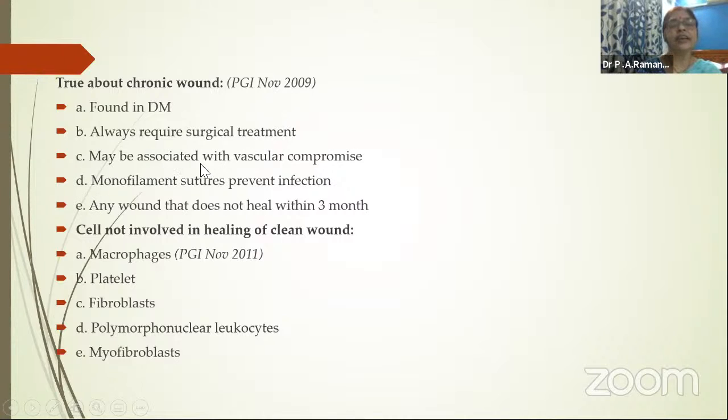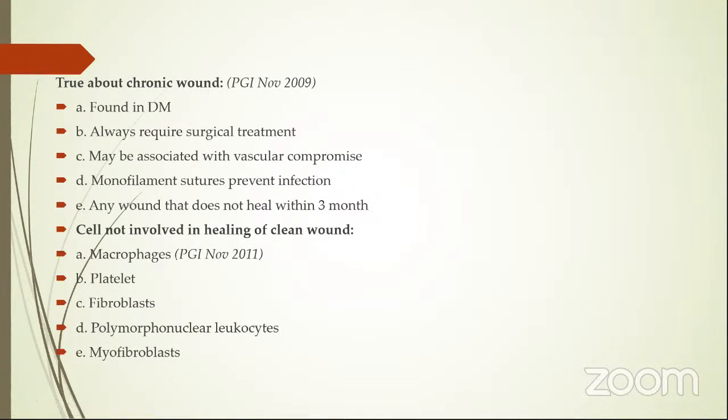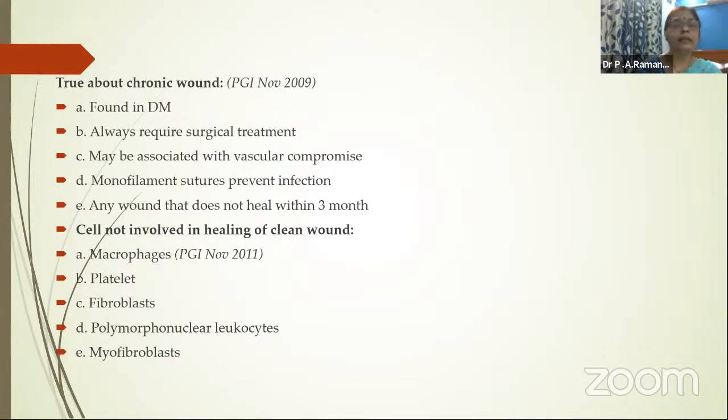May be associated with vascular compromise. Yes or no? Yes, ma'am. If there is no blood supply, wound will not heal. Always require surgical treatment. May not be. Right? Found in diabetes mellitus. So only B is wrong, but the others we can put as answers.